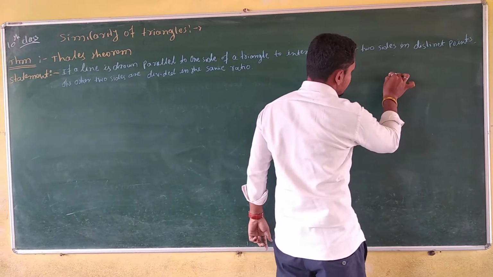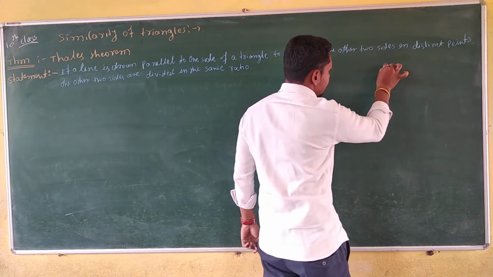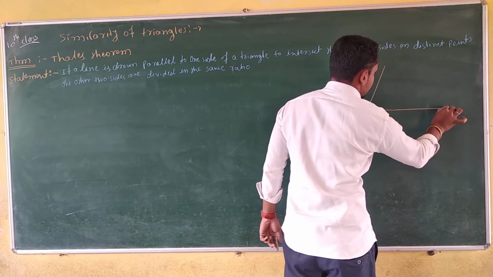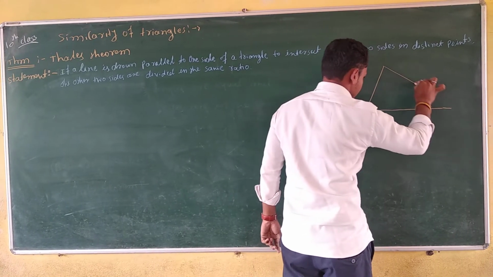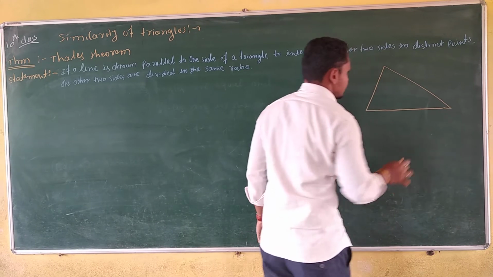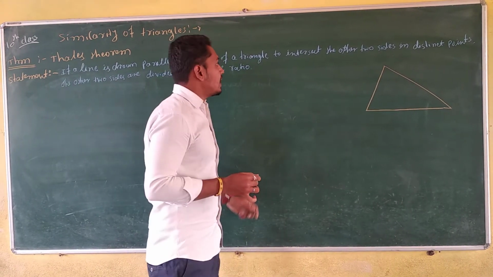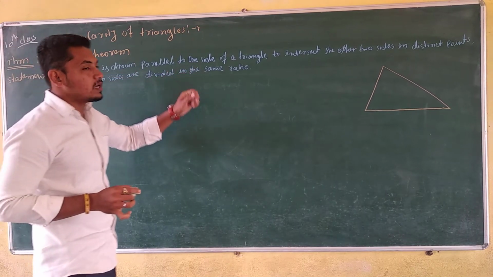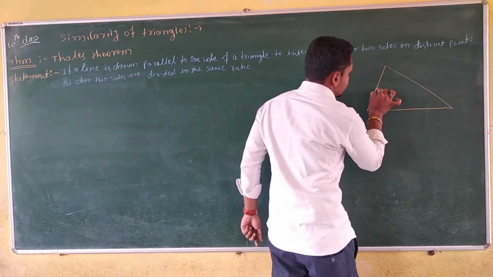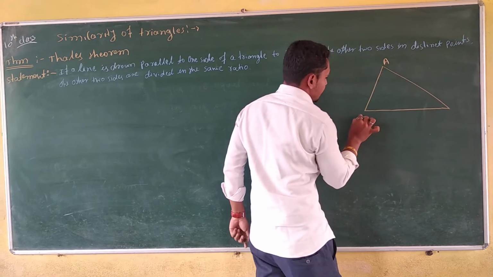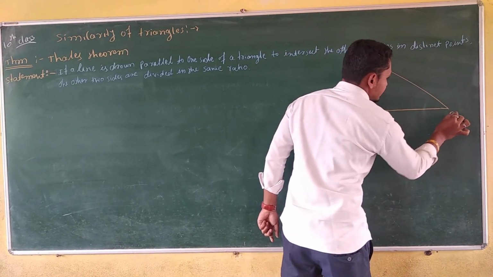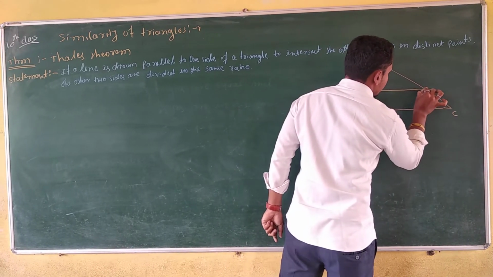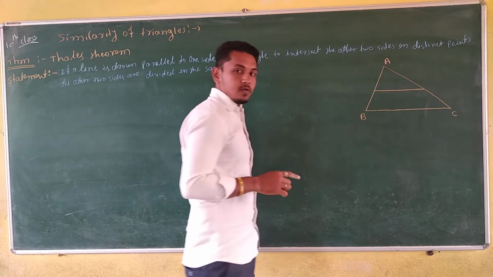This is one triangle. I take one triangle. Now what they say, if a line is drawn parallel to one side, I draw, this is A, B, C, triangle ABC.